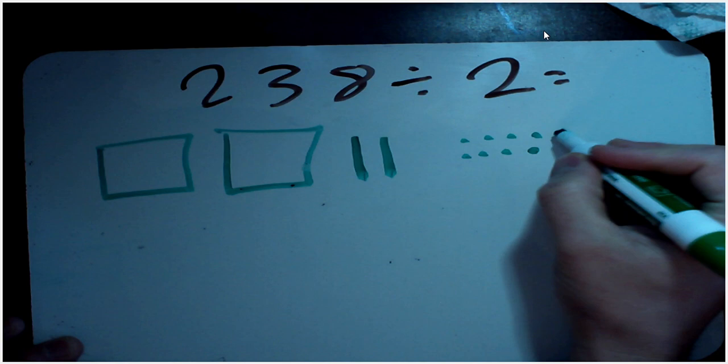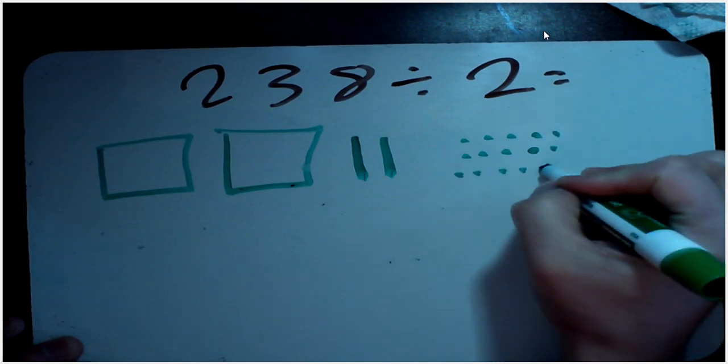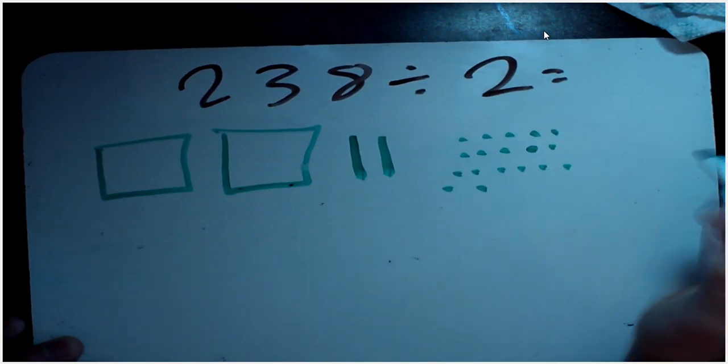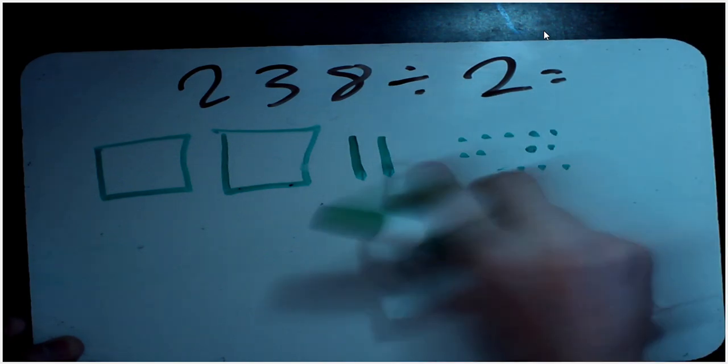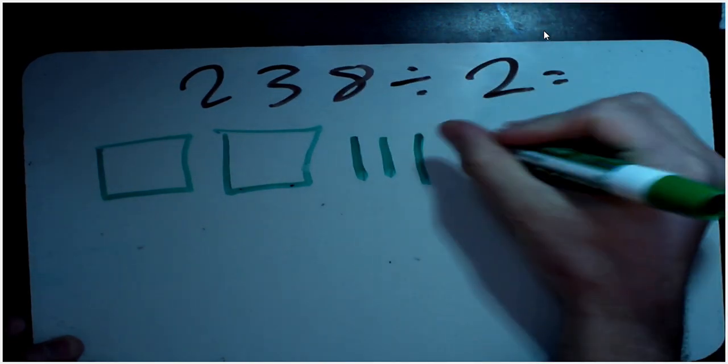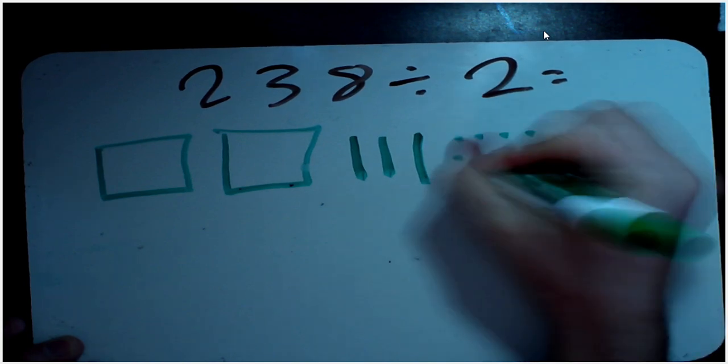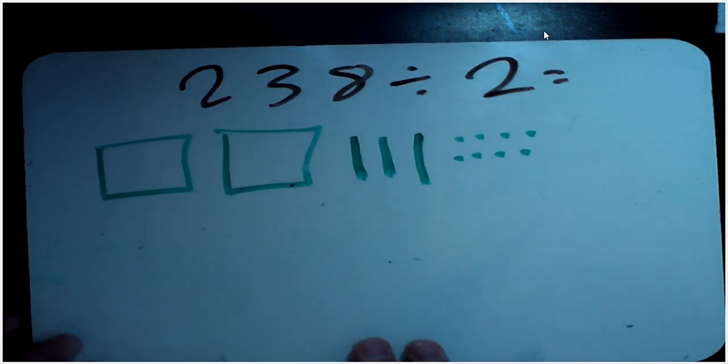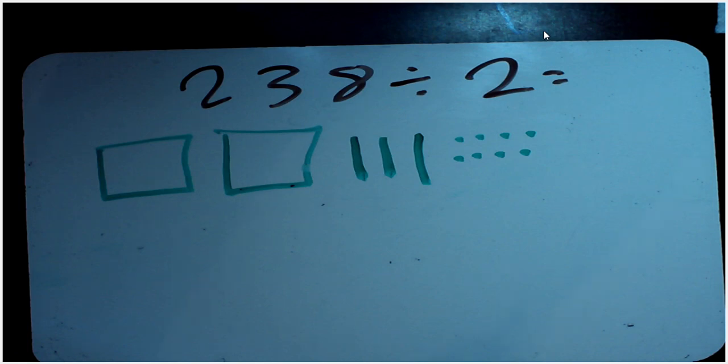So 1, 2, 3, 4, 5, 6, 7, 8, 9, 10. And if you're going to do that, you need to make sure that you're careful, attending to precision, and being able to easily do that without making a mistake. So here's 238 as a pictorial representation.